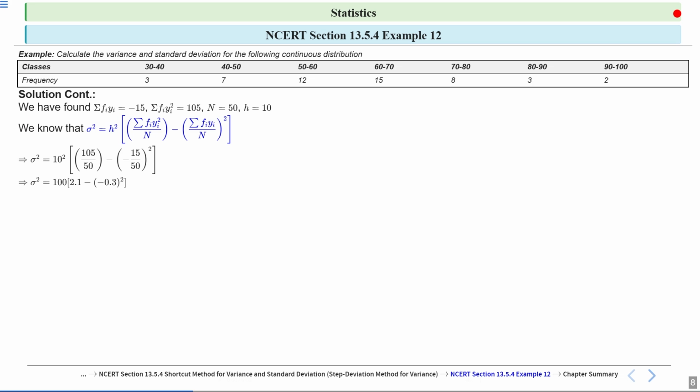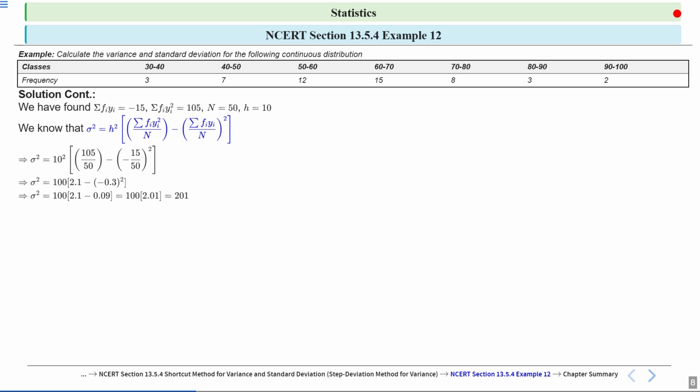Remember we need to square minus 0.3, which will give us a positive value. Minus 0.3 whole square is 0.09. So sigma square equals 100 times 2.1 minus 0.09, which simplifies to 100 times 2.01, and that equals 201.